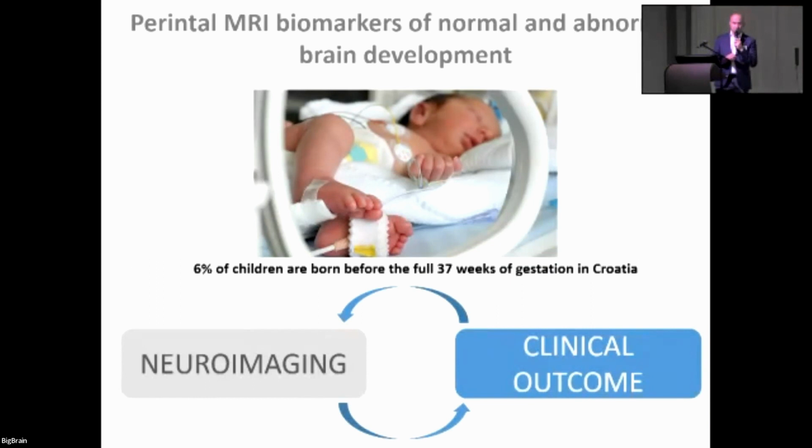So this is a huge number of babies, and many of them will have some kind of neurological problem during development, and it's always useful if you could recognize that even before the onset of sensory motor or cognitive deficit.